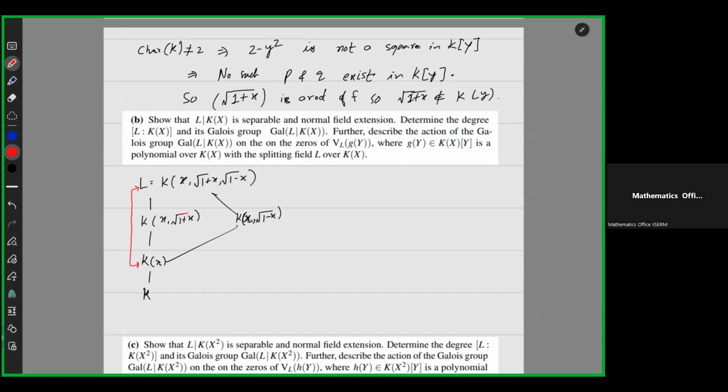A composition of Galois field extensions is again a Galois field extension, right? Let's say this is our x1, this is x2, and this is our base field k(x).